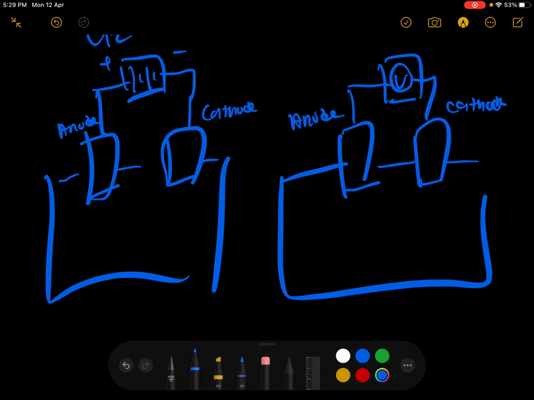If here's the anode, then this part is negative and this part is positive. So in the electrolytic cell, the cathode is the negative terminal, but in the chemical cell, the cathode is the positive terminal. You have to be careful with what this is and what this is.